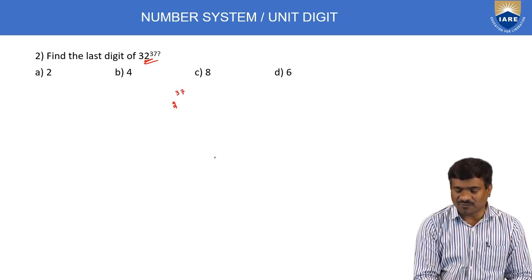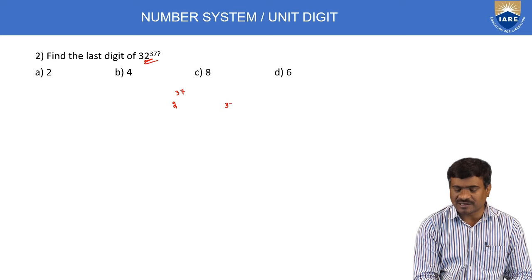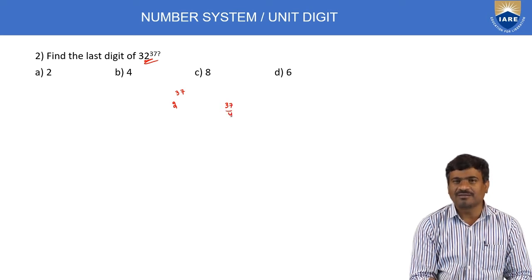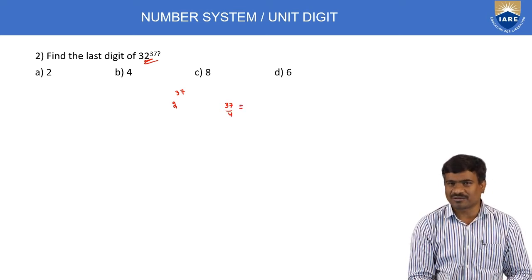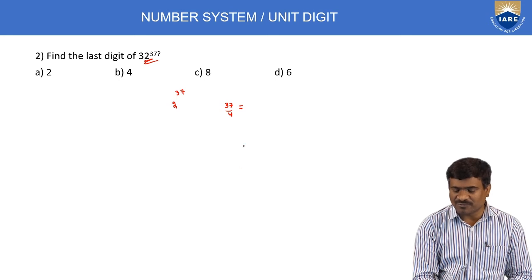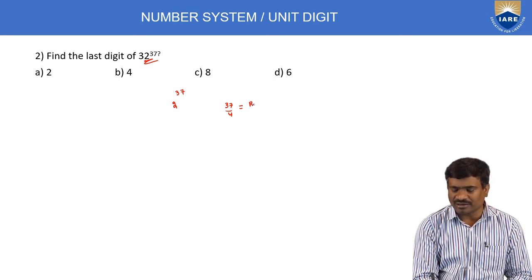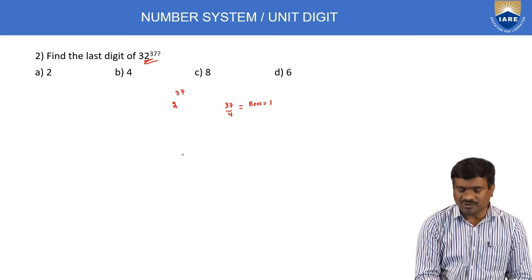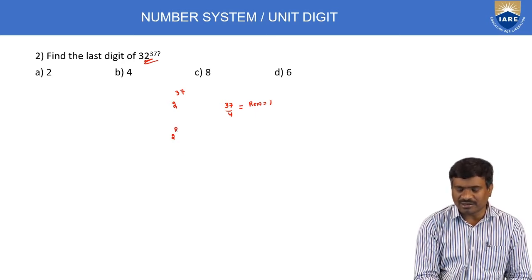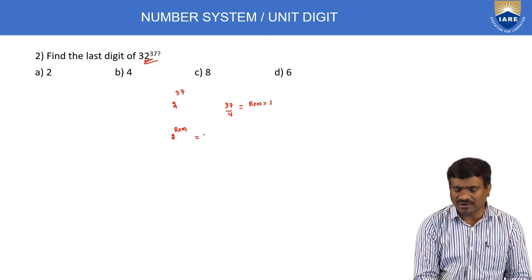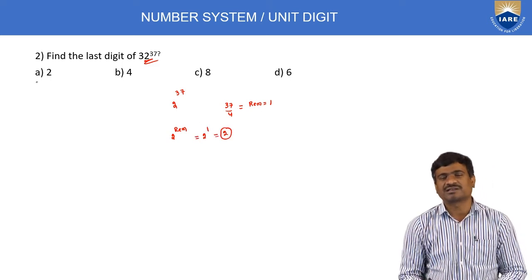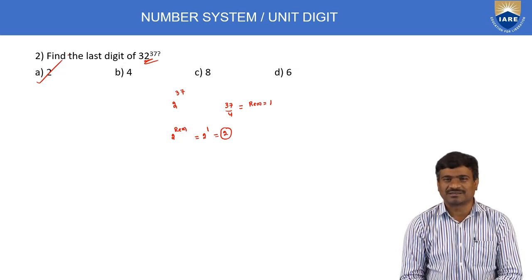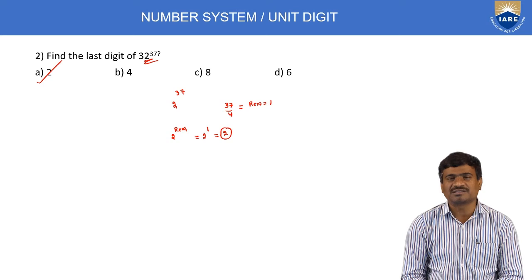For 2, the unit digits are cyclically repeated, and the power is divided by 4. 37 divided by 4, consider only the remainder. The remainder is equal to 1. That is 2 to the power of the remainder. When the remainder is 1, 2 to the power of 1 is 2. Then answer A is correct. The answer is 2. Therefore the unit digit of 32 to the power of 37 is 2.